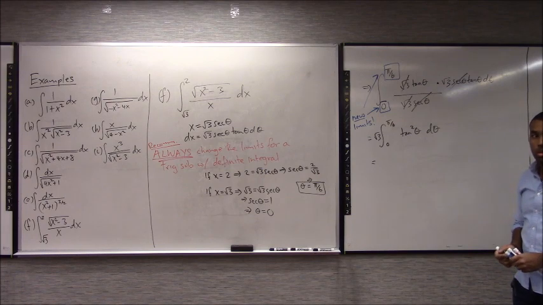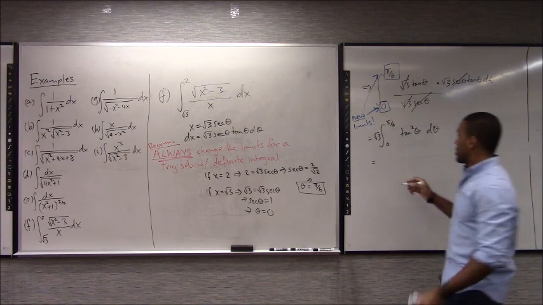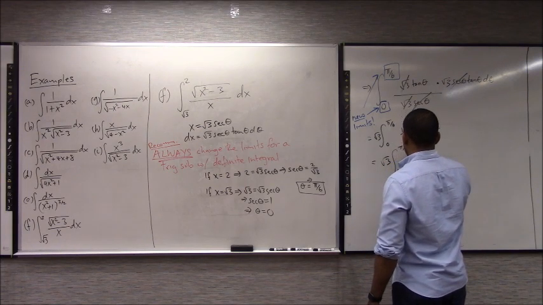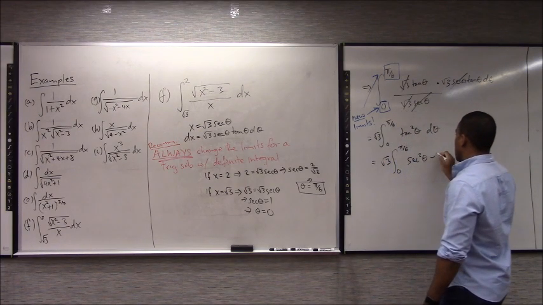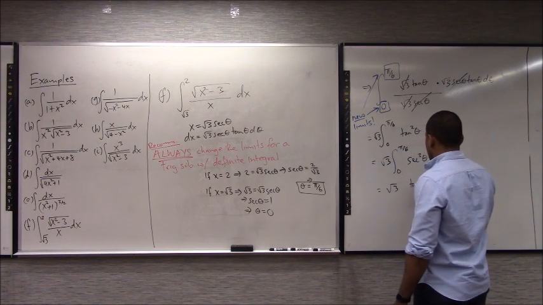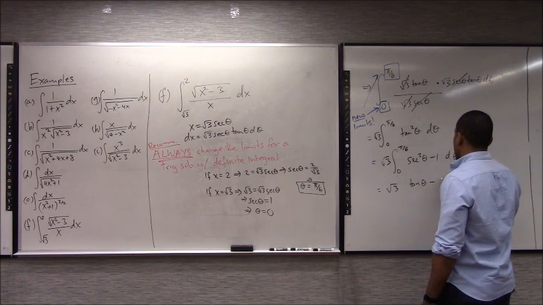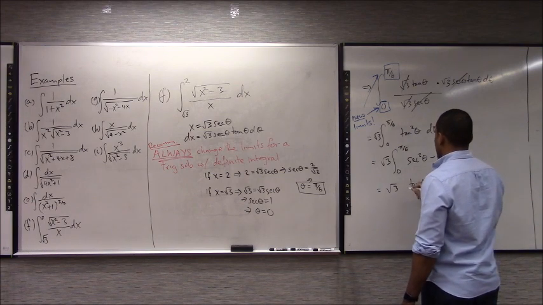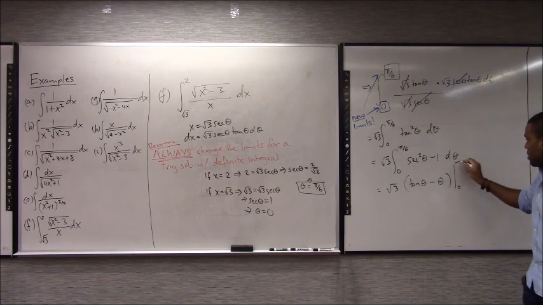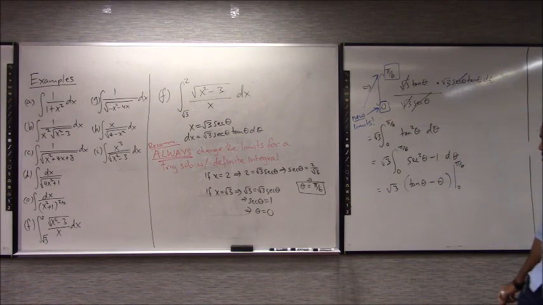If you change it to secant squared theta minus 1, and then when you integrate it, it's tan theta minus theta. Now it's not plus c, it's definite, so I'm going to plug in pi over 6 and 0.